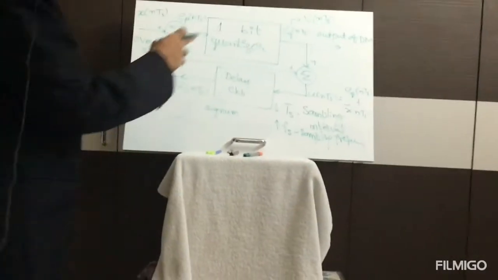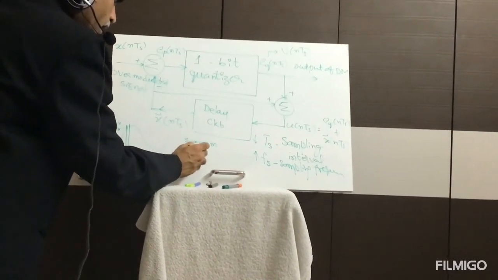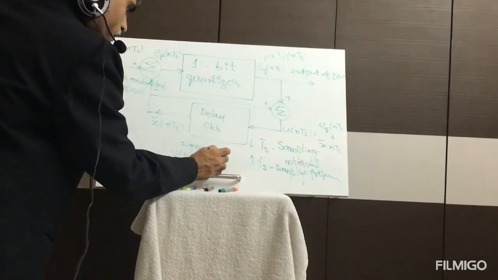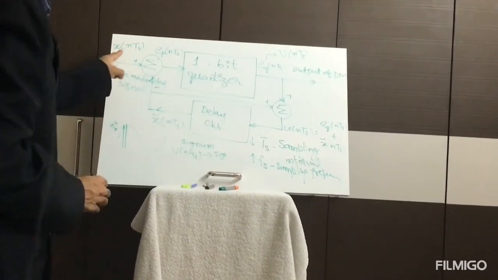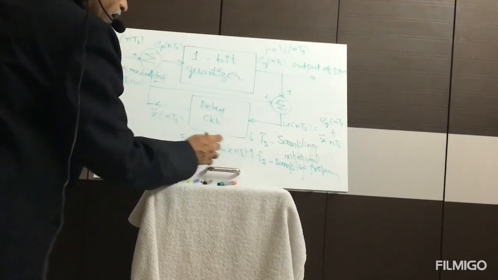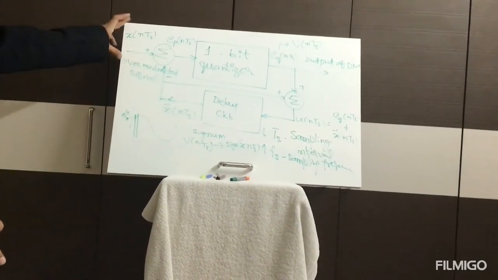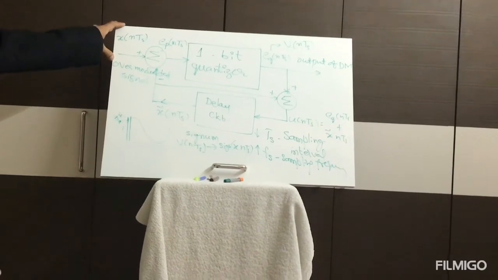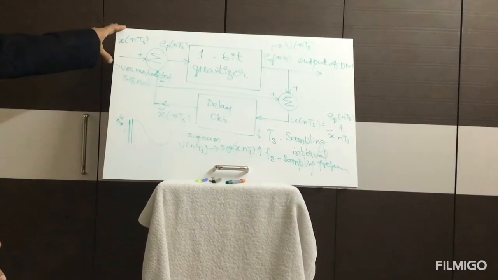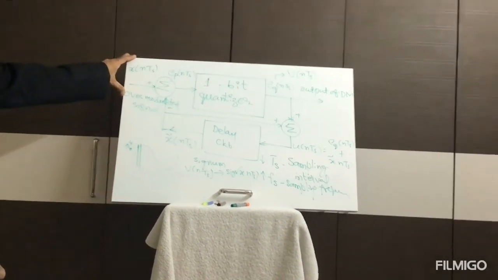That means the output of the delta modulator, that is V of NTS, is going to depend on the signum function of the input signal. What is the input signal here? X of NTS. So this is how we generate the delta modulated signal, by sampling the given continuous signal, where oversampling is employed here.